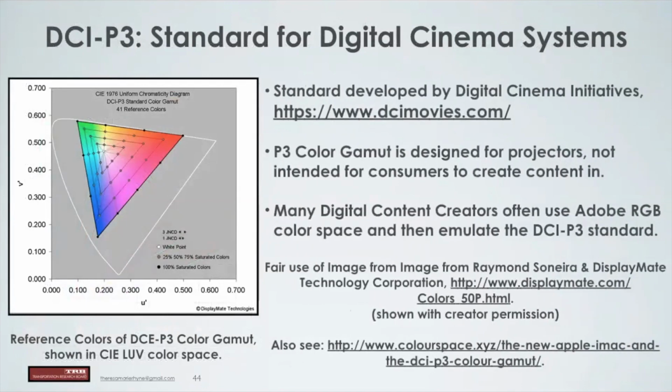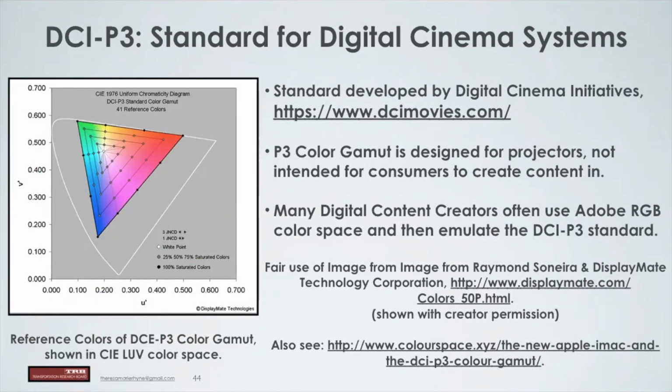But that's okay. It was developed by the Digital Cinema Initiative. The P3 color gamut was designed for projectors, not intended for consumers to create content in. I believe we are all consumers, are we not? Visualization people are consumers. So digital content creators, what do they do?